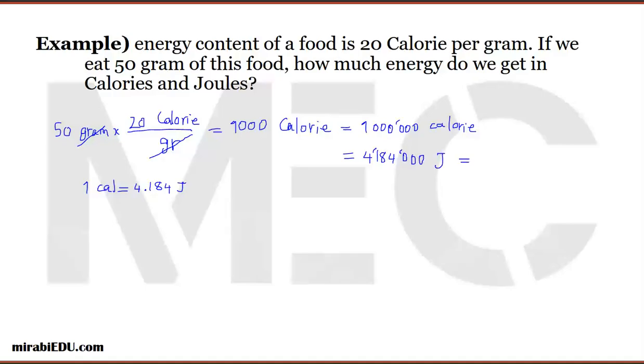Or we can say 4,184 kilojoule. This is the amount of energy we get in big calorie, in small calorie, in joule or kilojoule. How did I change from joule to kilojoule? I divided by 1,000.